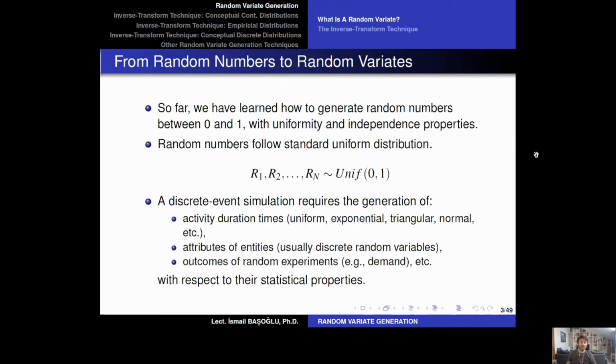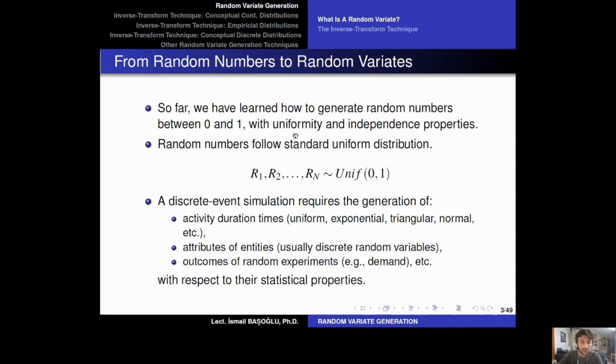Okay. So what we have learned so far, as we have said, is how to generate a sequence of random numbers, and we have said that they are pseudo-random numbers, and they are distributed between 0 and 1. They were taking rational values between 0 and 1, and they possess these two important properties, uniformity and independence.